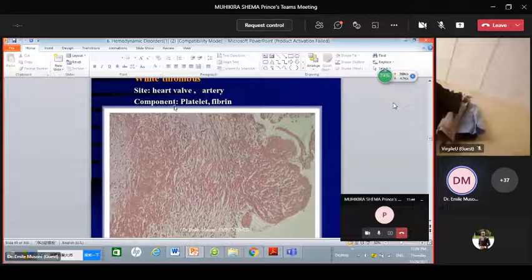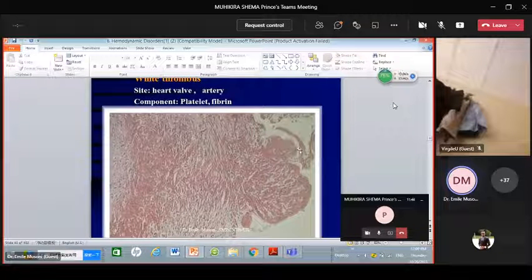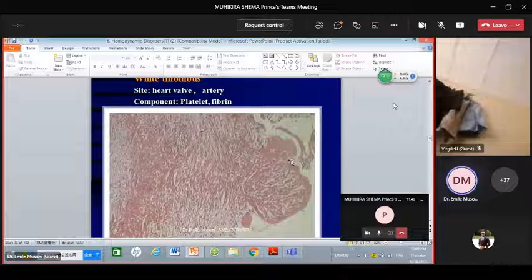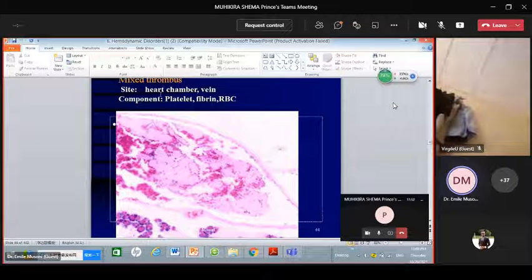The platelet here. Mixed thrombus, the heart chamber, it has platelet, fibrin, and red blood cells. Here it is within the lumen of the blood vessel. This is a thrombus.